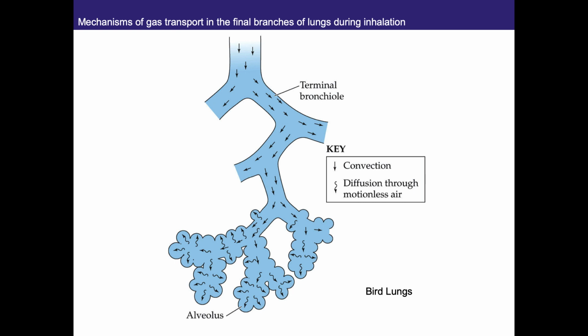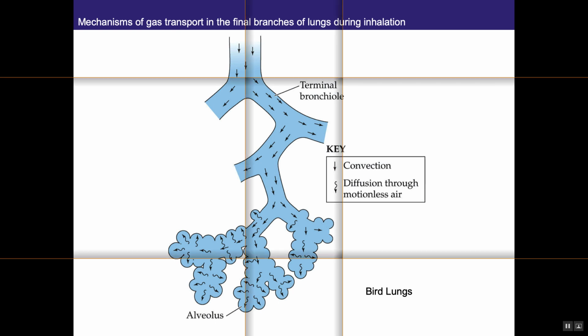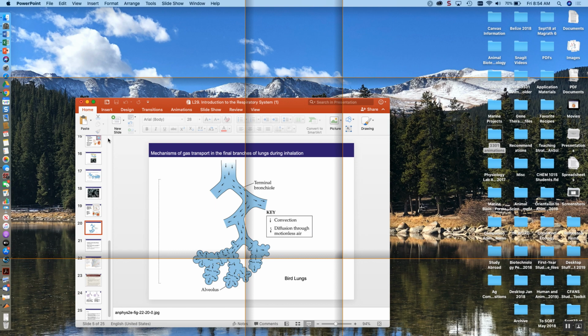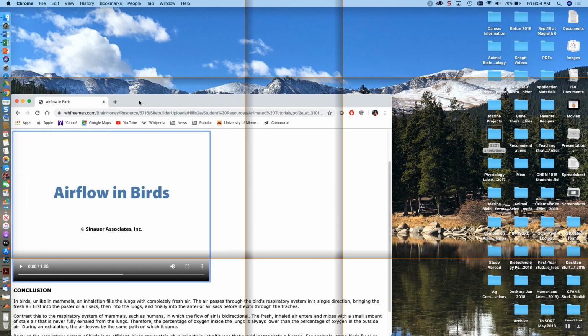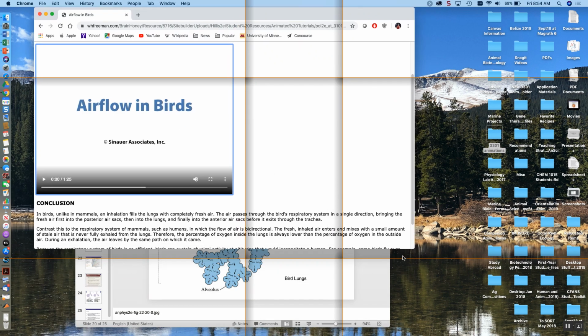So it's somewhat inefficient if you think about it. Bird lungs are a little bit different. Let me show you. I think this is an interesting video showing you how much more efficient bird lungs are. So let's see here. Here's airflow in the birds. This is actually narrated.